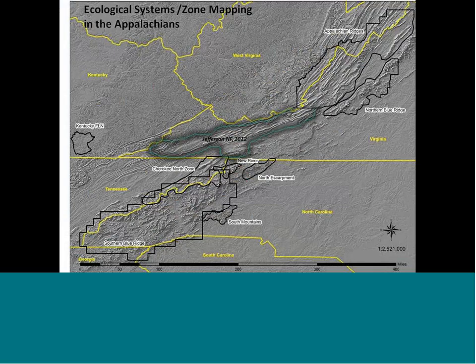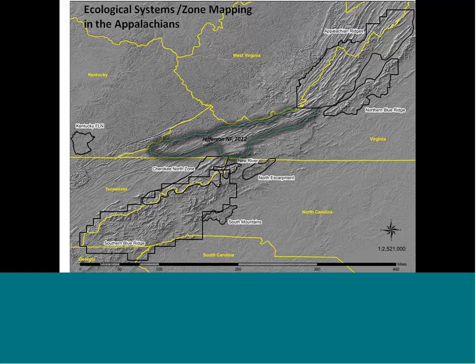It's now on its third iteration for western North Carolina. This is a map showing the various areas where those data are either being created or have been created. At this point there's continuous coverage from North Georgia way up into the Virginia valley, so there's a lot of uniformity in the way things are classified.